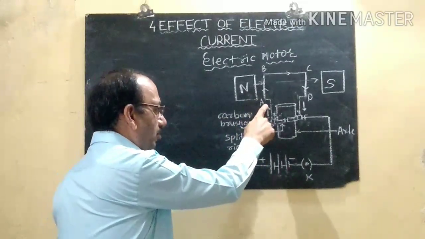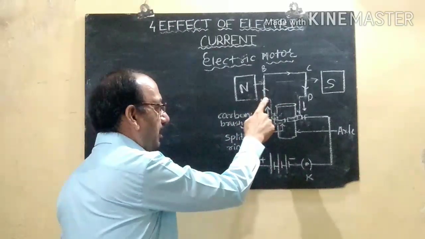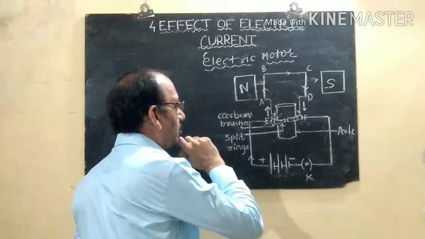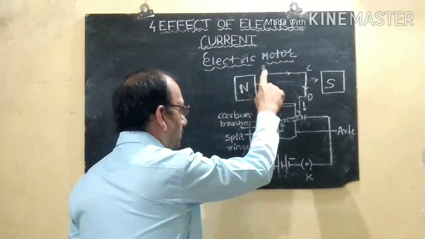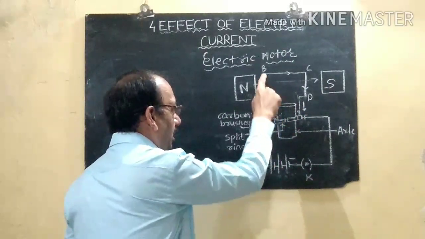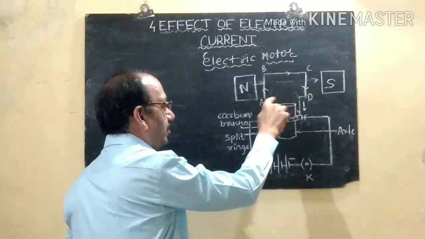Now for this armature coil, we can conclude the direction of force on each half of the armature coil. The halves are AB and CD, also known as the arms of the armature coil.